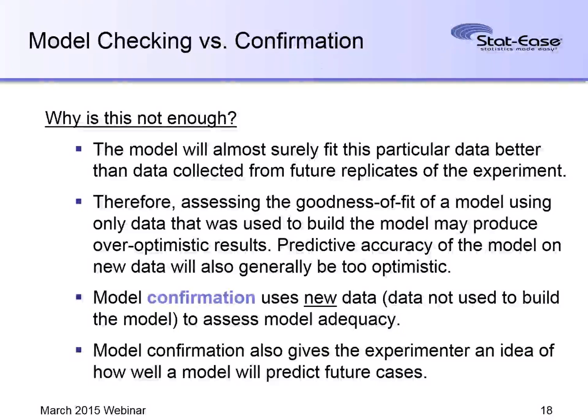That's because this current data has some particular features, some particular small irregularities that may not appear in the next execution of this experiment. So when you're assessing the goodness of fit of a model using only data that you used to build the model, what'll happen a lot of times is that you'll get over-optimistic results.